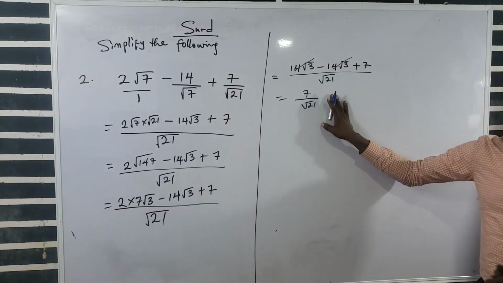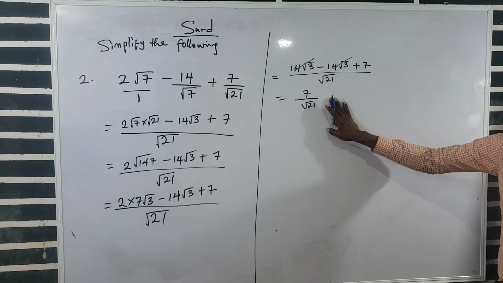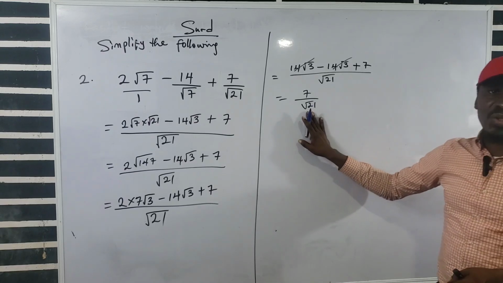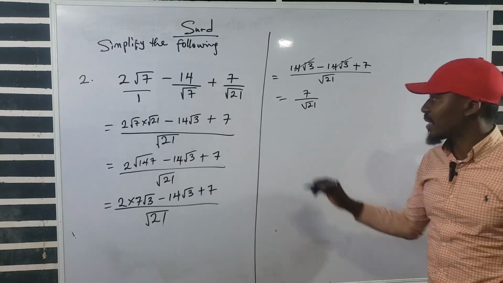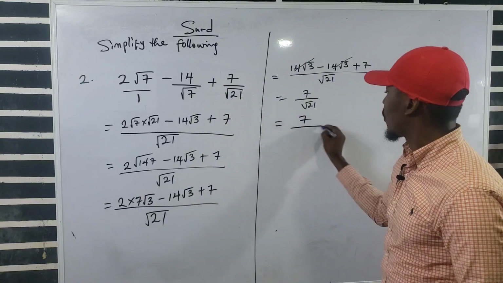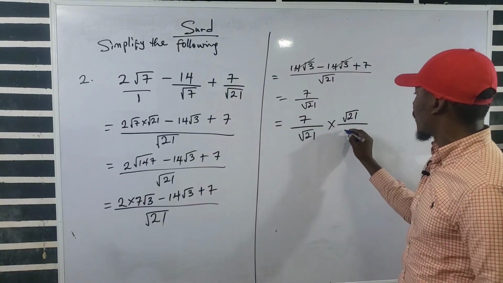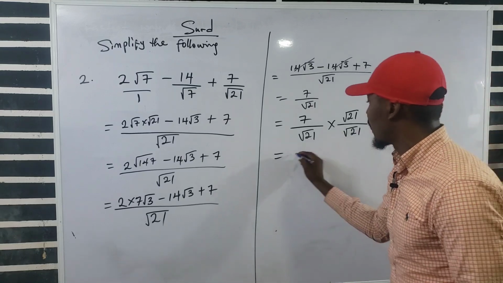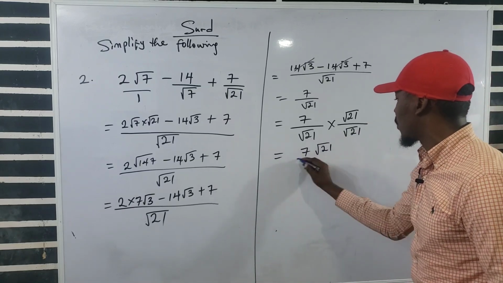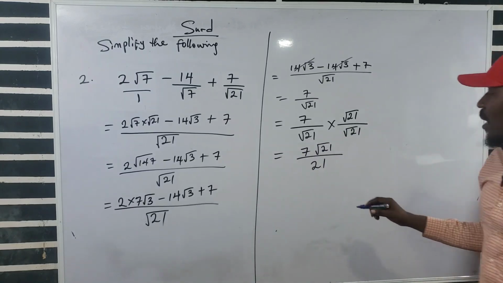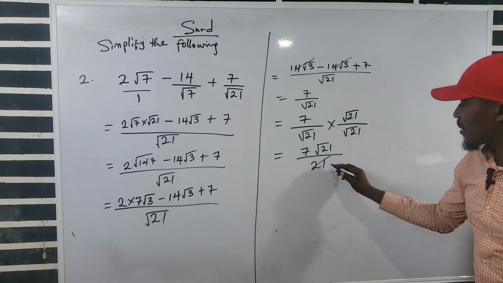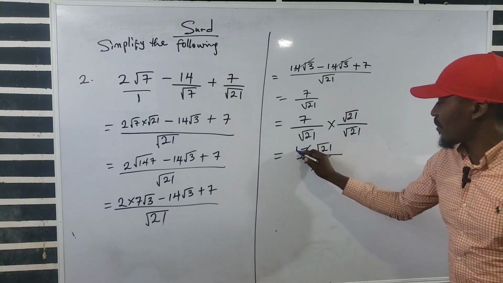Now you can't leave your answer this way, okay? Because there's a sort at the denominator. So you need to rationalize. So that will give us 7 over sort 21 times sort 21 over sort 21. So that will give us 7 sort 21 over 21. Now, this one here, 7 here will give us 3, 7 here will give us 1.